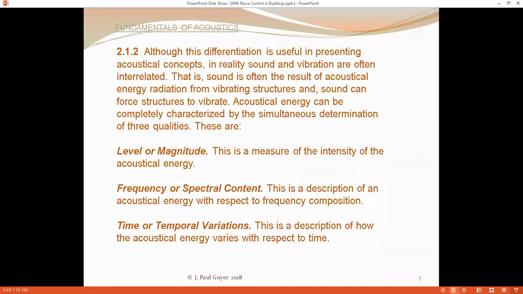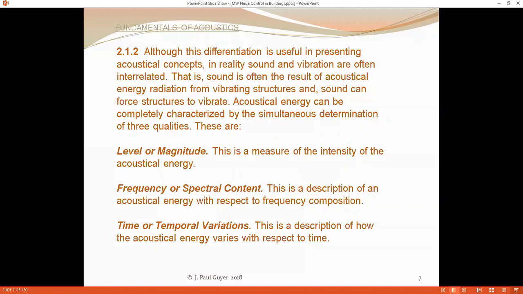And so if that sinusoidal curve has a high magnitude, goes way up, way down, way up, way down, that is a loud sound. So the magnitude or level is high. And if the sinusoidal curve is just going up a little bit and down a little bit and up and down and up and down, that's a quiet sound. So that's a point to keep in mind. Sound has a characteristic of magnitude. And of course, this isn't new to you, you know this.